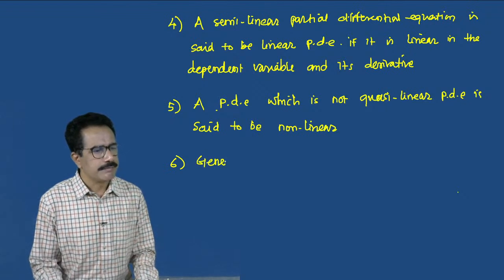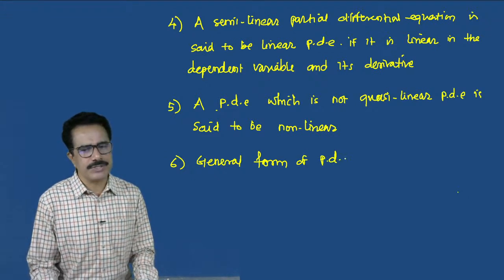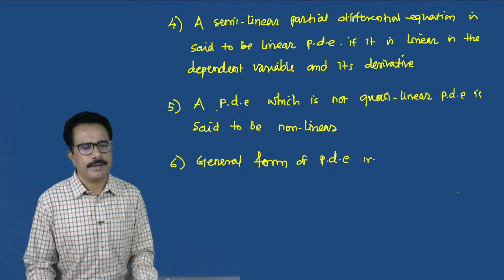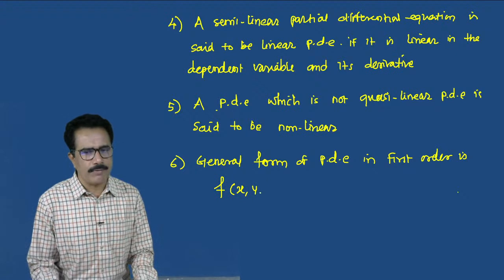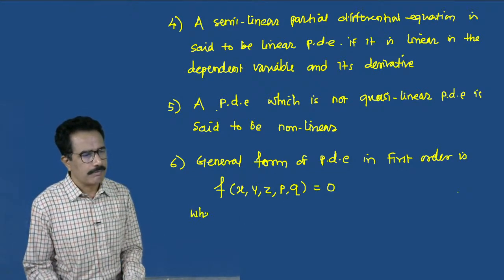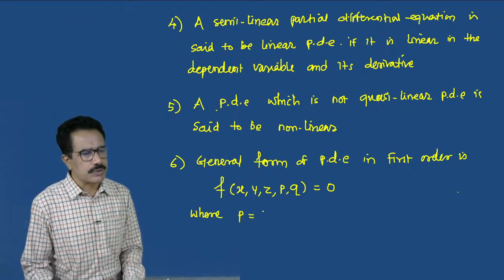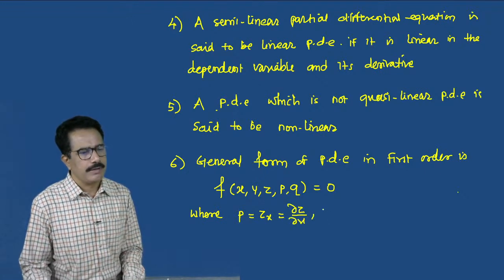The general form of a partial differential equation in first order is f of x, y, z, p, q equals 0, where p is equal to zx, that is dou z by dou x, and q is equal to zy, denoted by dou z by dou y.